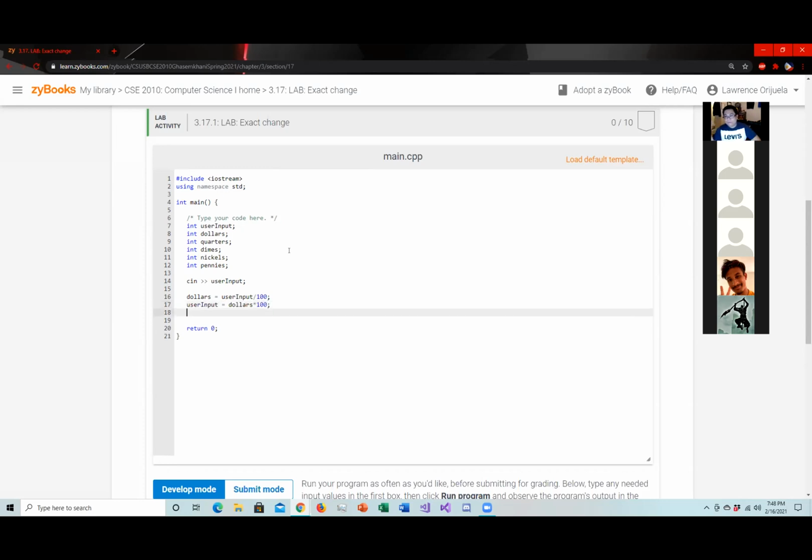So if the input was 418, like $4.18, 418 divided by 100, because this is integer division, dollars would be equal to 4, right? And then user input would be equal to user input minus dollars times 100.